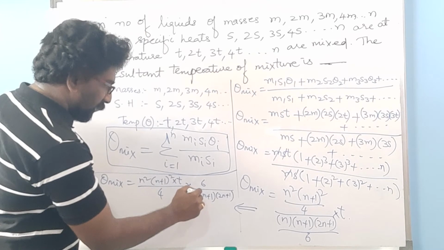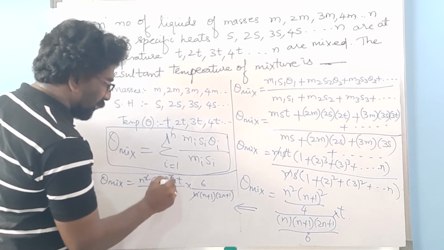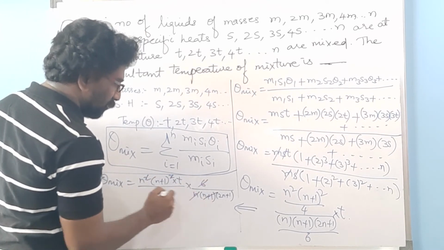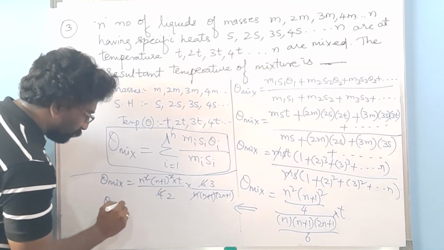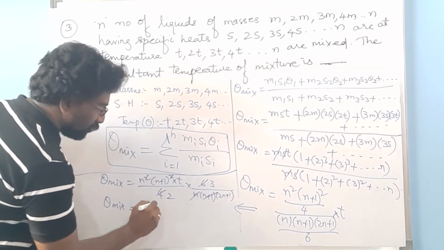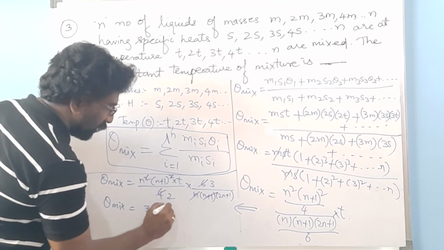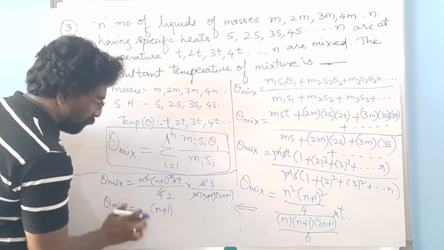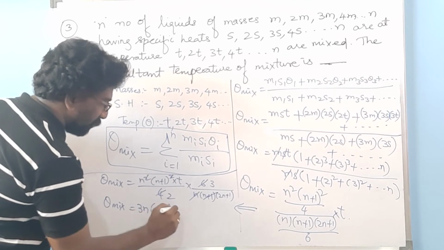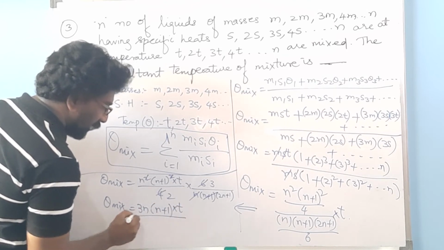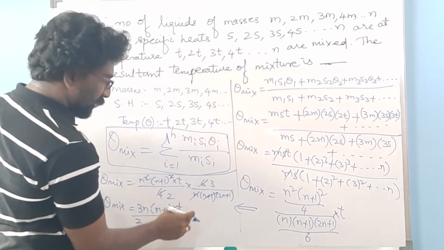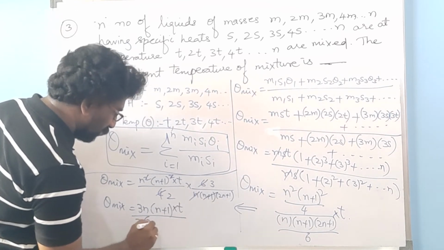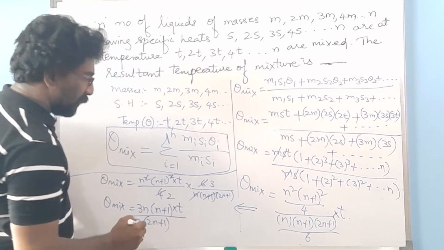So now n and n will get cancelled, n plus 1 and n plus 1 will get cancelled, 2 2s are 2 3s are. So theta mix equal to 3n into n plus 1 into t divided by, it becomes 2 times of 2n plus 1.